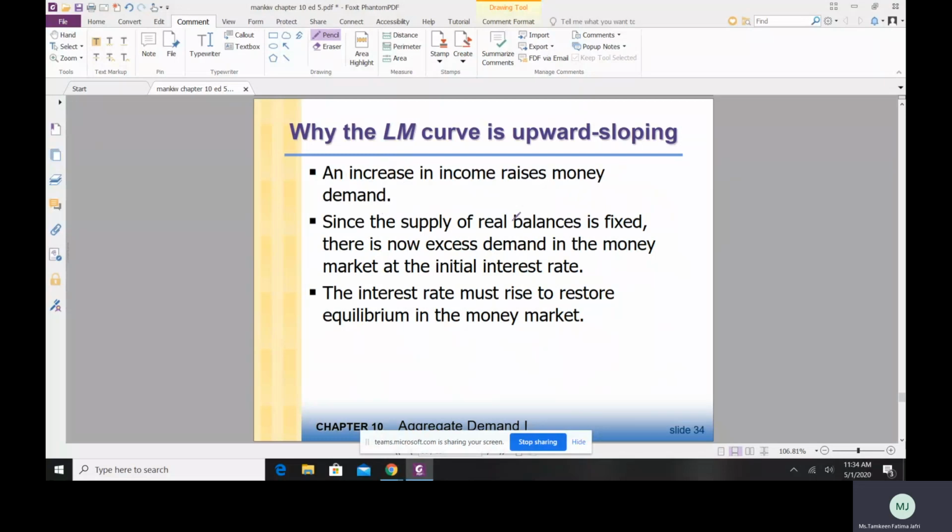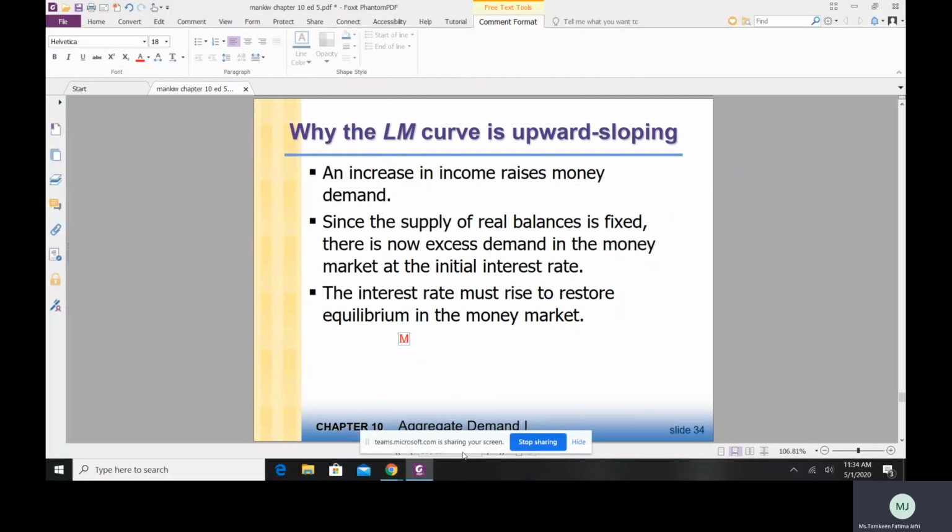Why is the LM curve upward sloping? An increase in income raises the money demand. ठीक है, मैं एक दफा दोबारा आपको ये कर देती हूँ. देखिए, let's suppose on the left hand side I have the money supply.